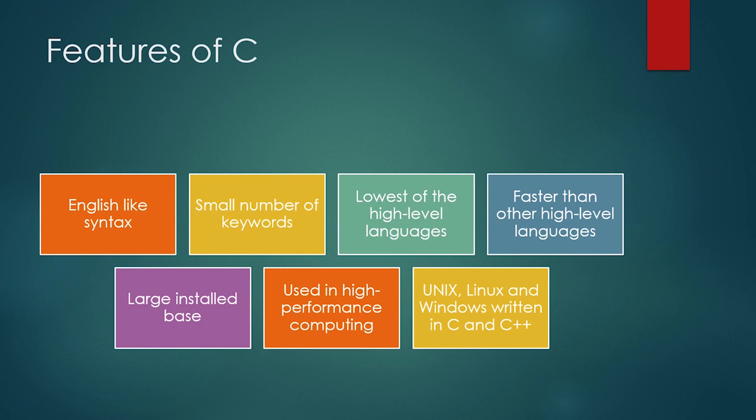It has a large installed base, which means that it's quite popular and it'll be easy to find jobs working in it. It's used in high-performance computing because it is quite a high-performance language, and it is the language that was used to write both Unix, Linux, and a lot of Windows. They were written in a combination of C and C++.